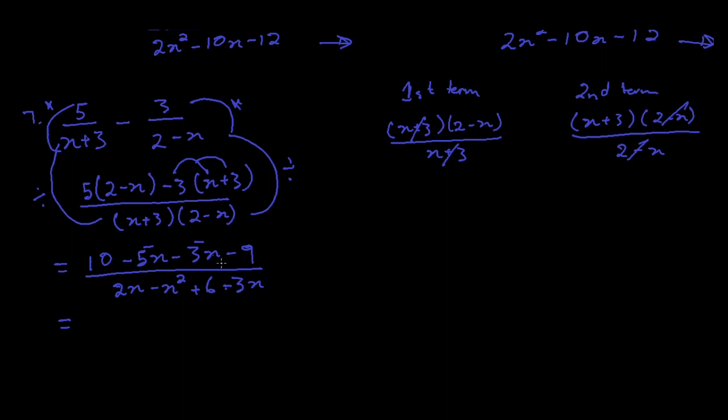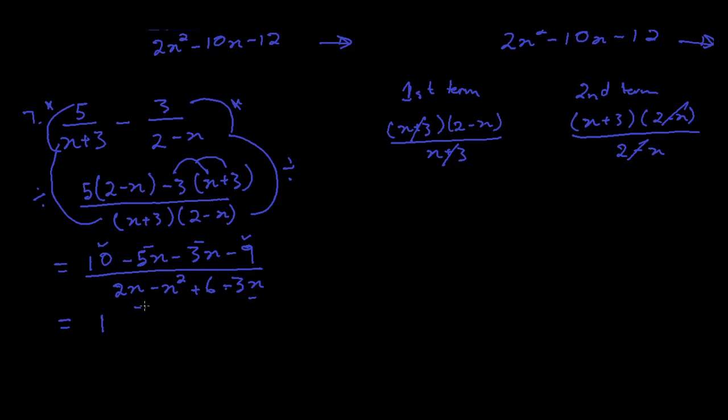So here we have them, then we also have them here. Okay, so 10 minus 9 is equal to 1. So we're going to put 1. Then it's minus 5x minus 3x.